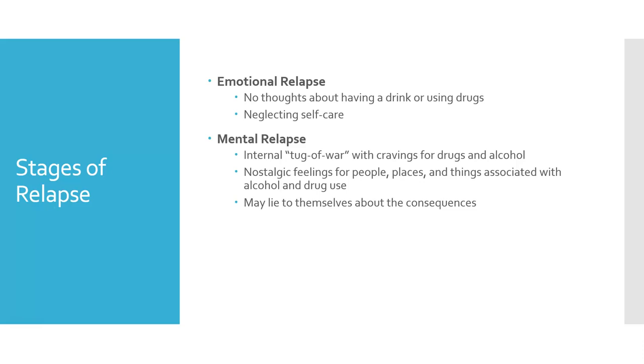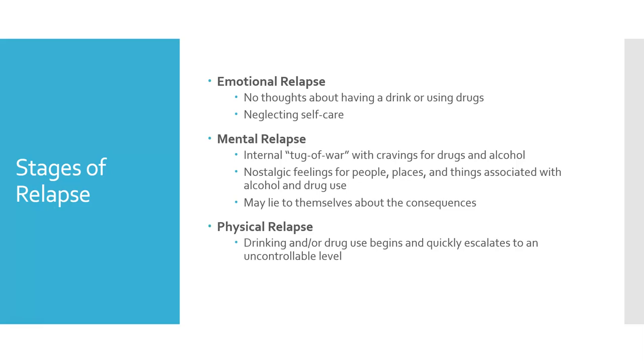They're having nostalgic feelings for people and places and things associated with alcohol and drug use. And they may lie to themselves about the consequences, like, you know what? I can have one drink. I'm going to be able to tolerate it. I'll be fine. It's only one drink. And then there's physical relapse where they're drinking and or using drugs again, and it quickly escalates into an uncontrollable level.